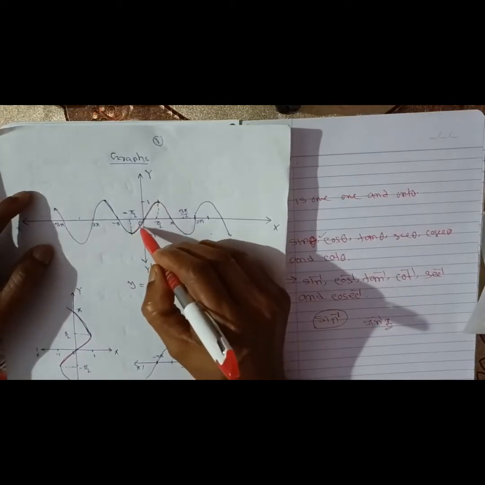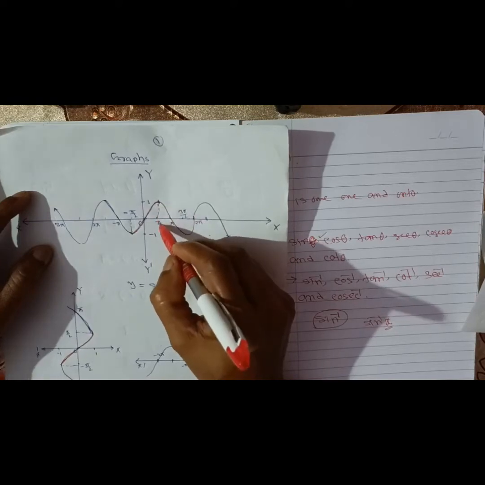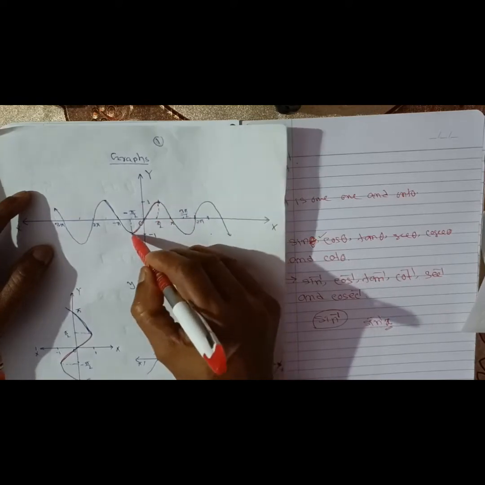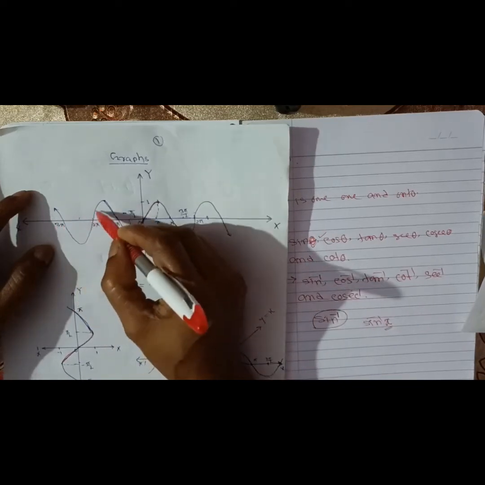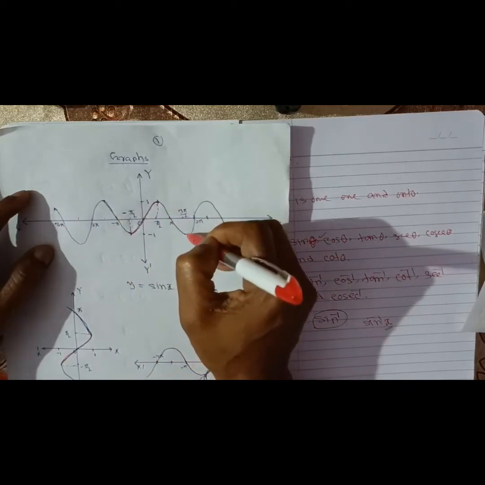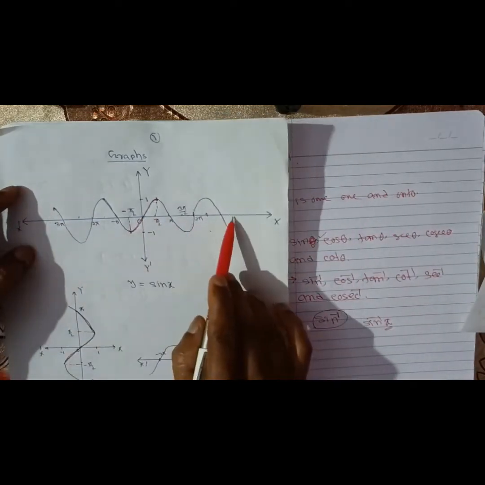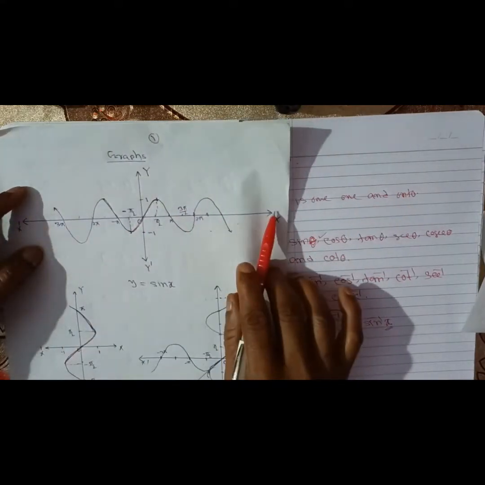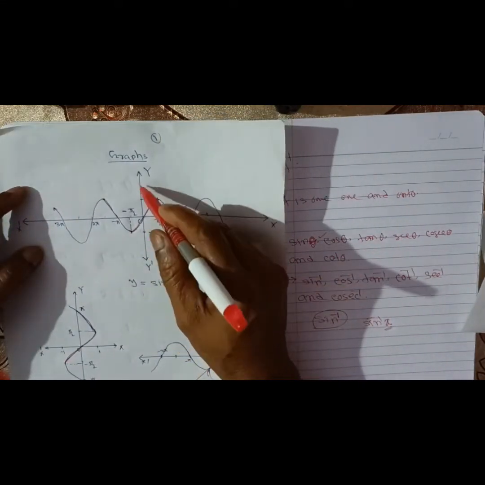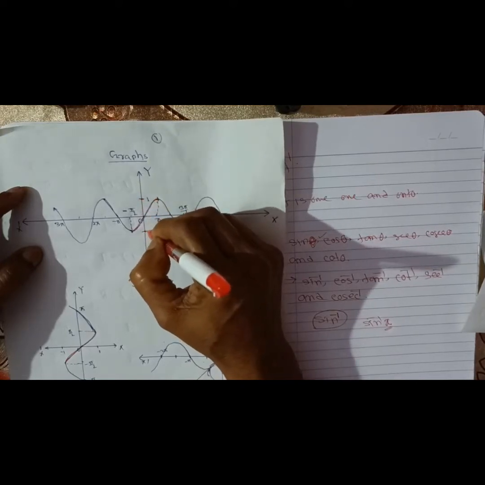The graph passes through the point 0, 0, and sine pi by 2 equals 1 and sine minus pi by 2 equals -1. So the graph looks like this pattern. Here x is the whole set of real numbers, and that is the domain, and the range is -1 to +1.